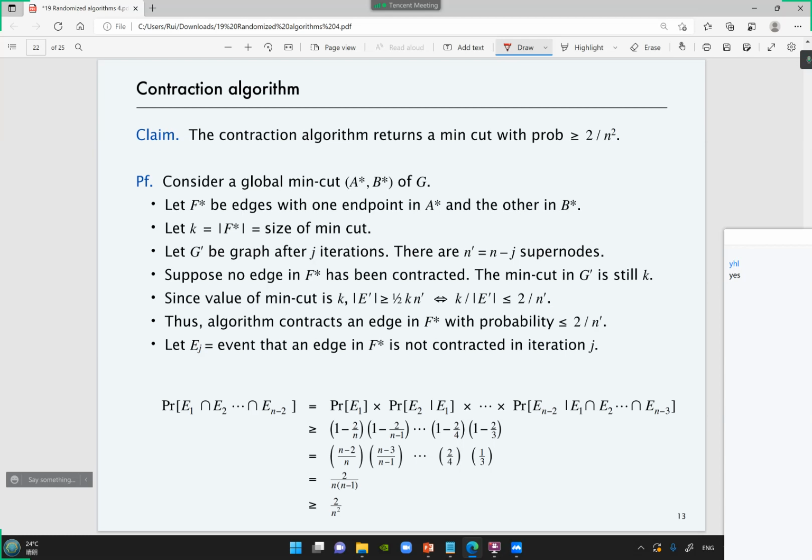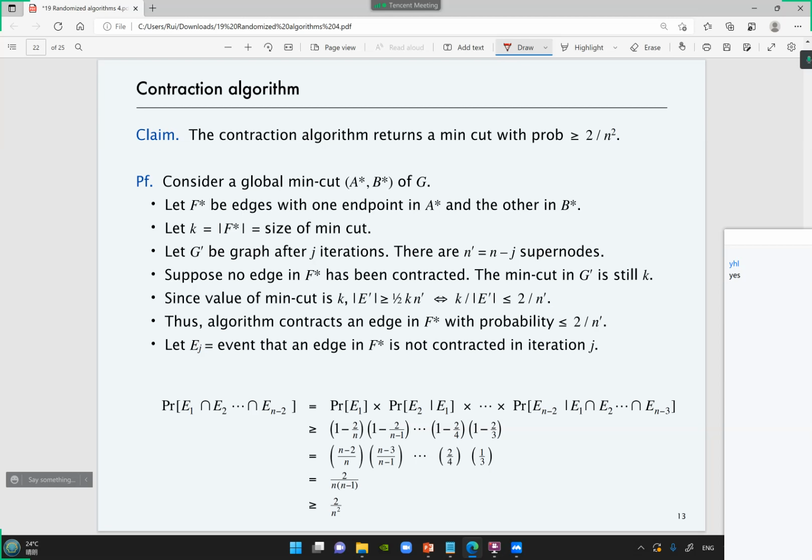And since you're trying to make sure you don't contract one of these special F edges, if you have very few edges, there's actually a pretty good chance you will contract one of them. In other words, as the algorithm progresses, you have a higher and higher probability of the algorithm failing.